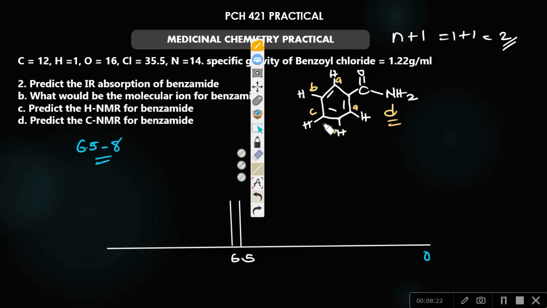And the two protons now would be a triplet. Are you getting it? Because if n is equal to 2, then 2 plus 1 will give us 3, which is a triplet. Is that okay? So that one now is going to give us something like this. Sorry about that. At around this region too.